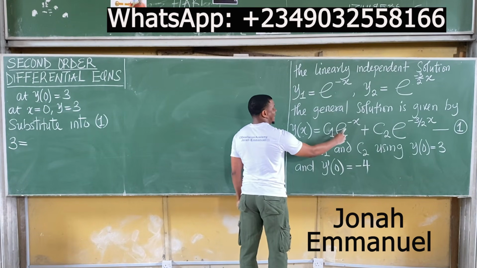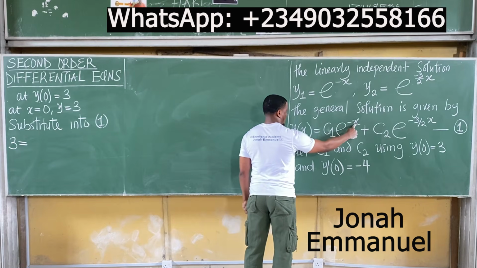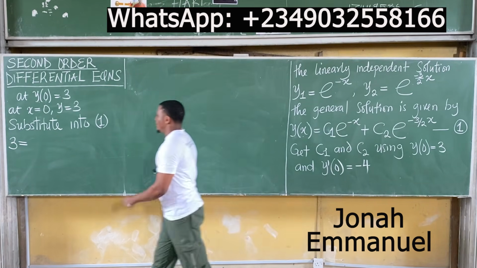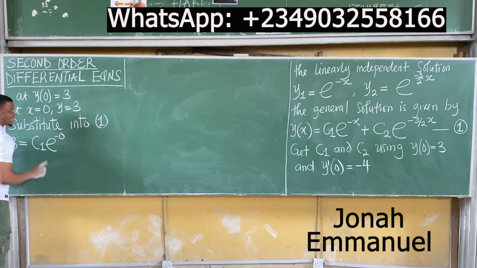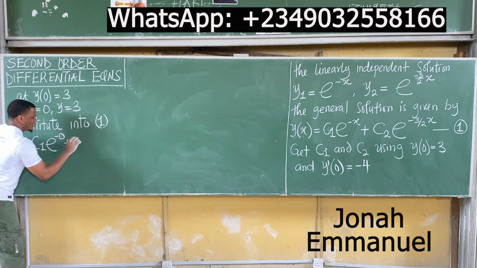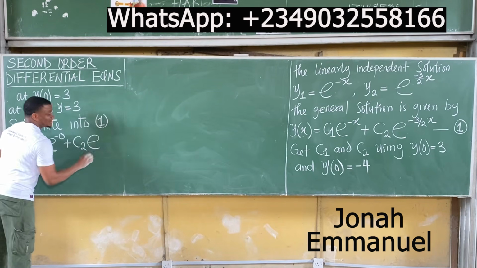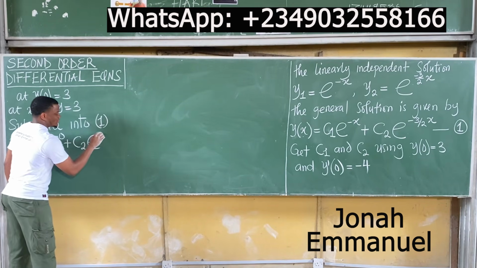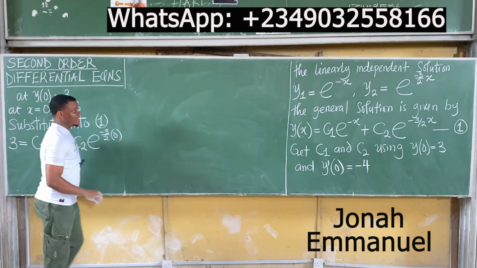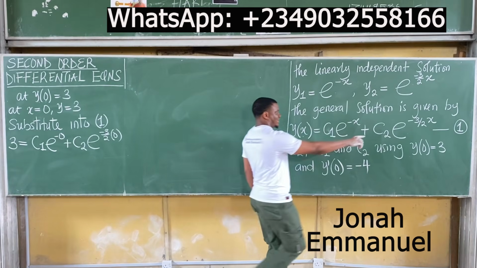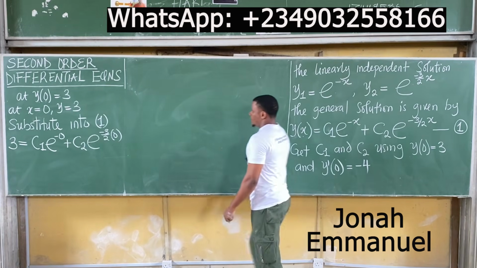C1 exponential minus 0, X is 0, plus C2 exponential minus 3 over 2 times x. What's x there? 0.